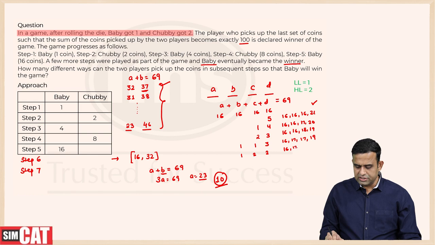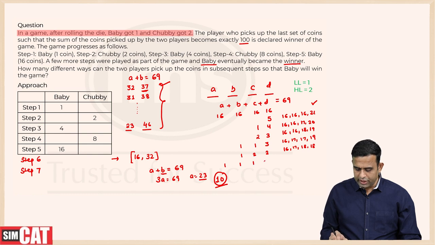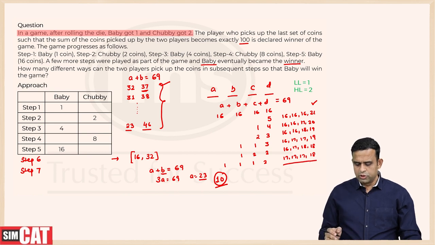So 16, 17, 18 and 18 is also perfectly acceptable. And we don't have any further case there. The further scenario could be if I split the number 5 among the 4 numbers, that could be 1, 1, 1 and 2, giving you 17, 17, 17 and 18. So one can notice that we are ultimately getting another 6 possibilities.